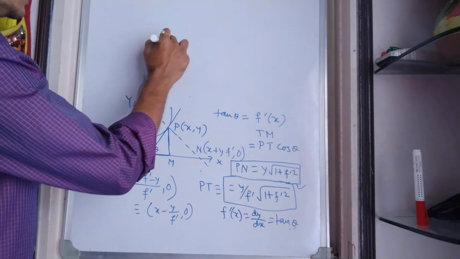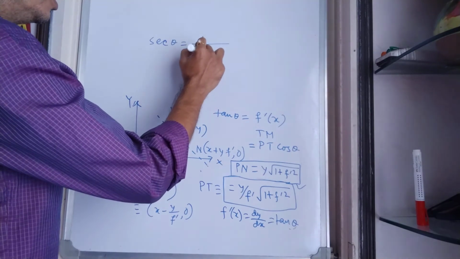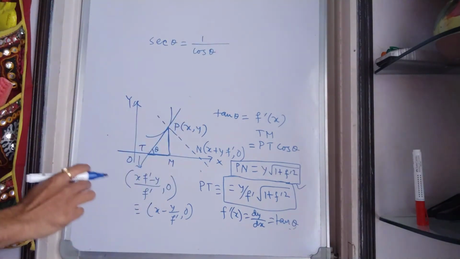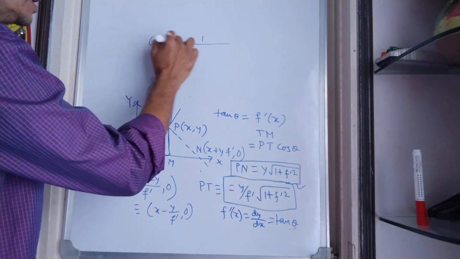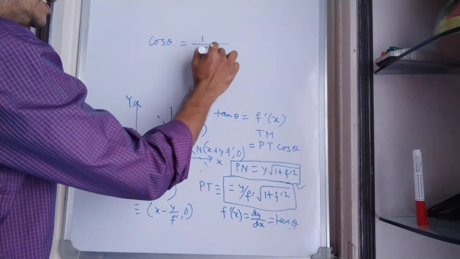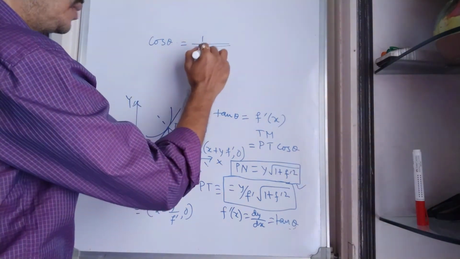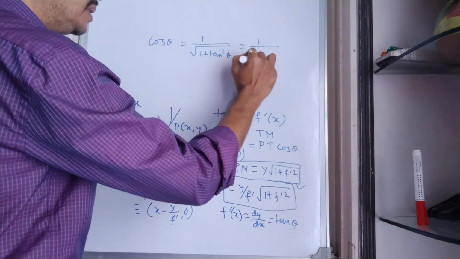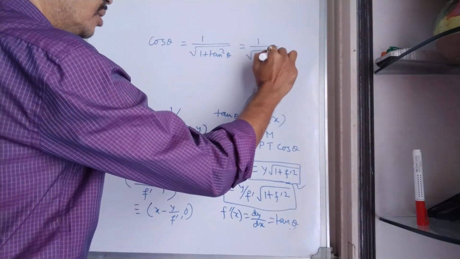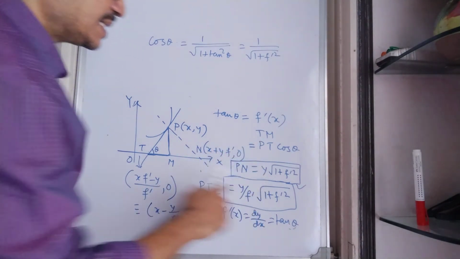We know that cos theta is nothing but 1 upon sec theta, and sec theta is nothing but root over 1 plus tan square theta, and since tan theta is f prime, it is nothing but root over 1 plus f prime square. So Pt is like this.